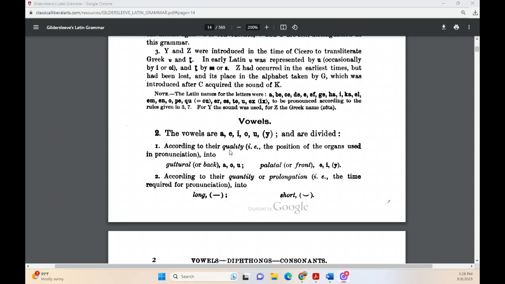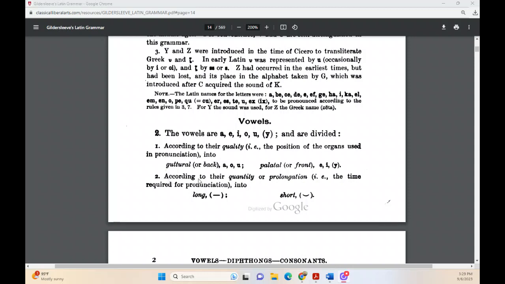The first way to divide them is according to their quality. The second way to divide them is according to their quantity or prolongation. Quality refers to the position of the organs used in pronunciation. That is, the way that our mouth actually works to pronounce these vowels. So we can group them according to how they're pronounced in our mouths.